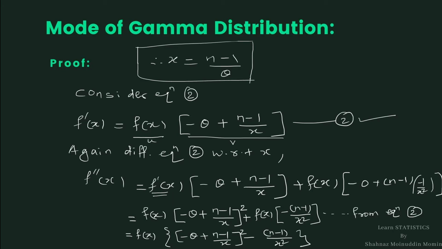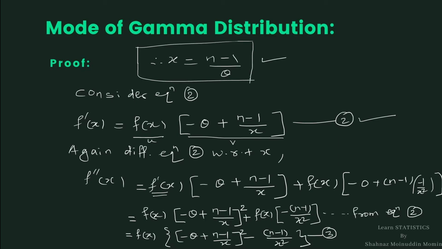Call this equation 3. In the next step, we substitute the value of x as n minus 1 upon theta in equation number 3.